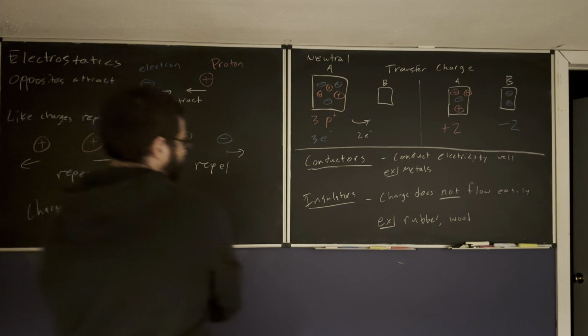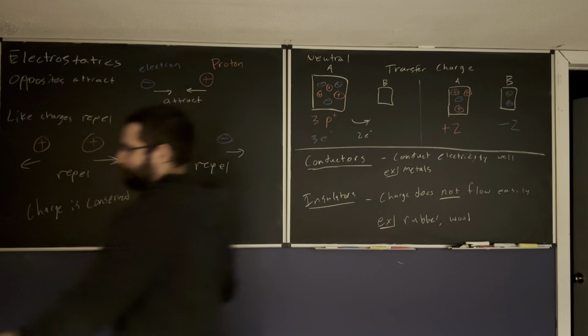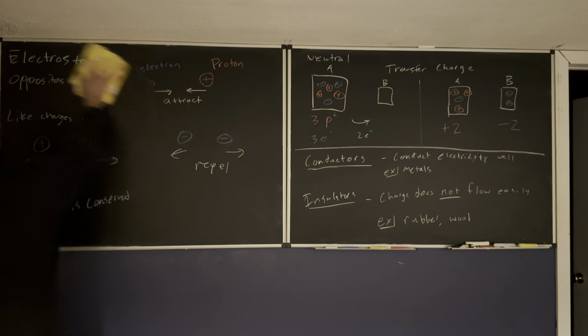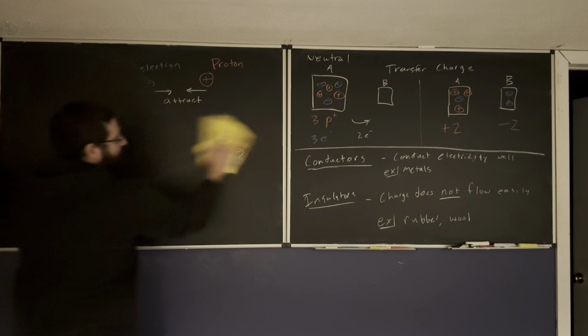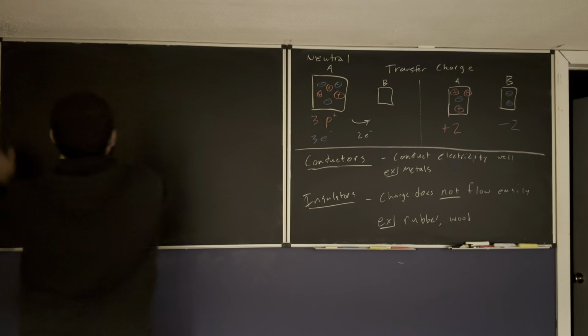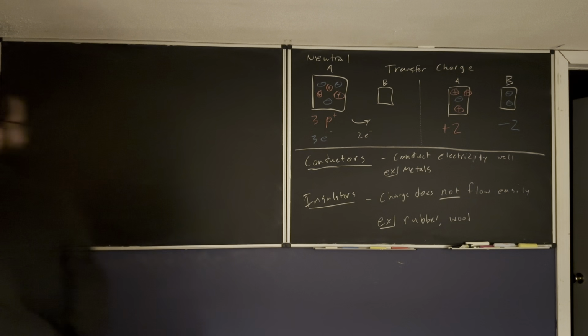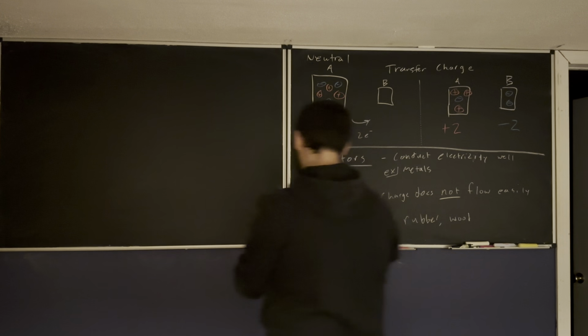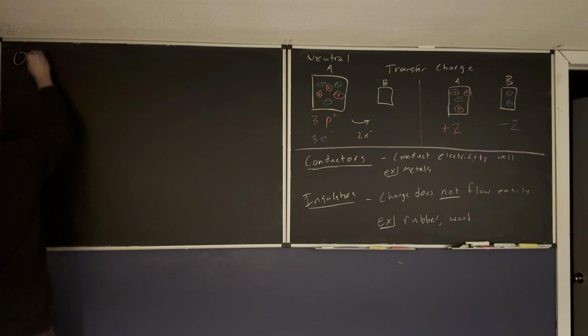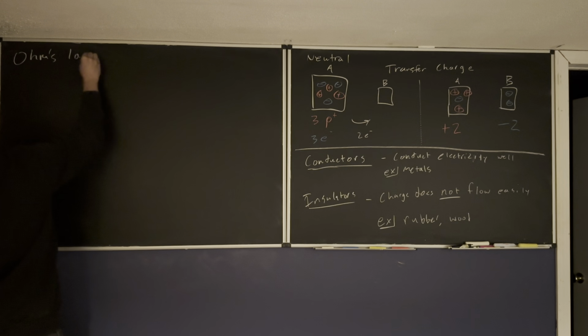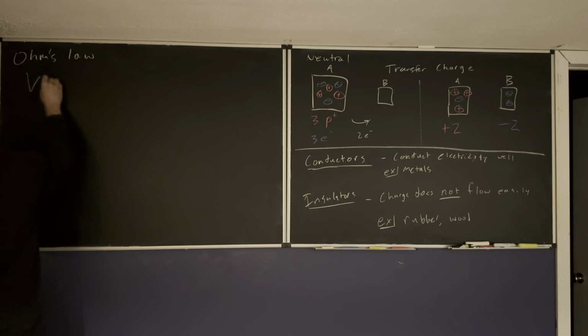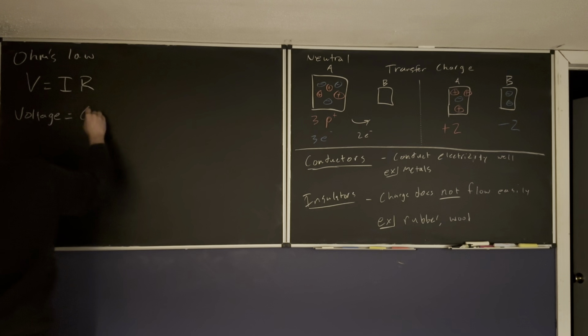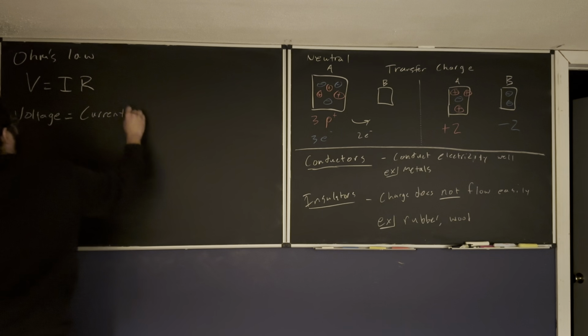All right, Ohm's law. So with Ohm's law, I'll just do both Ohm's law and the power equation at the same time. Those two equations are fairly important. So with Ohm's law, okay, we know that V is equal to I times R, where V is voltage, is equal to the current times resistance.